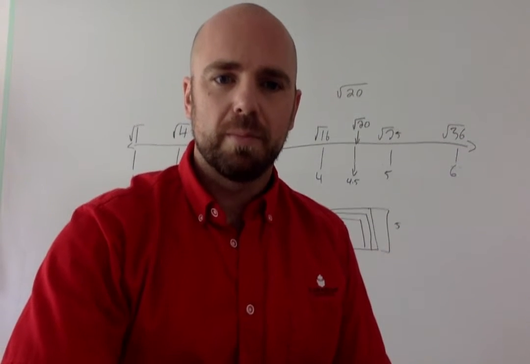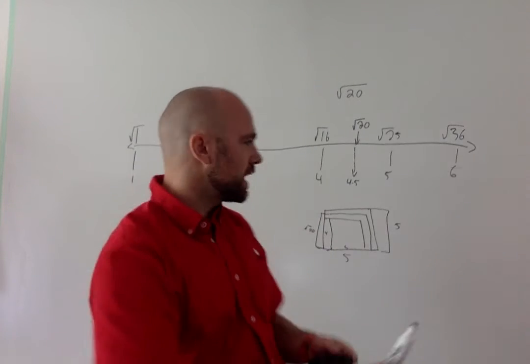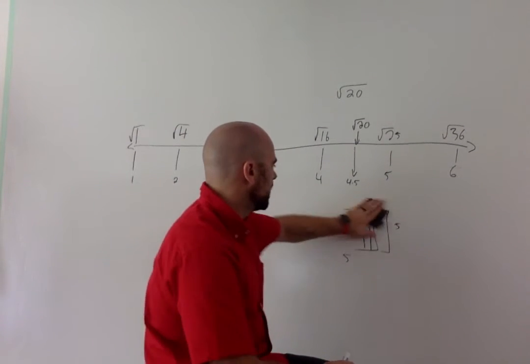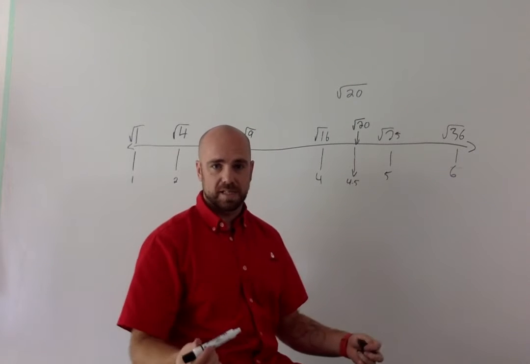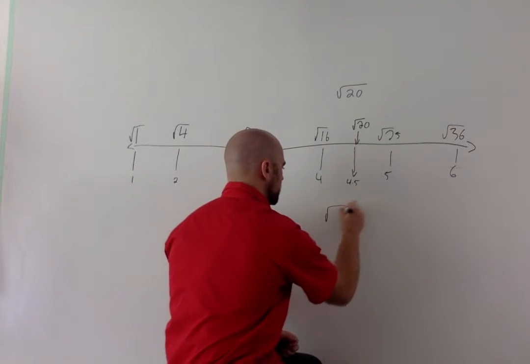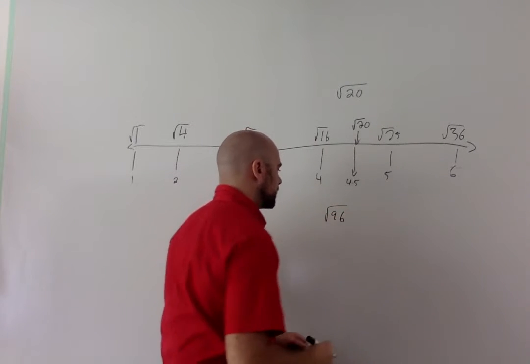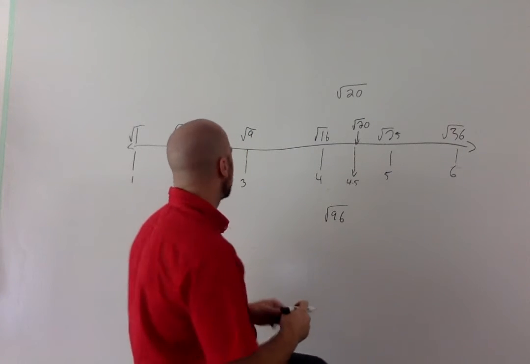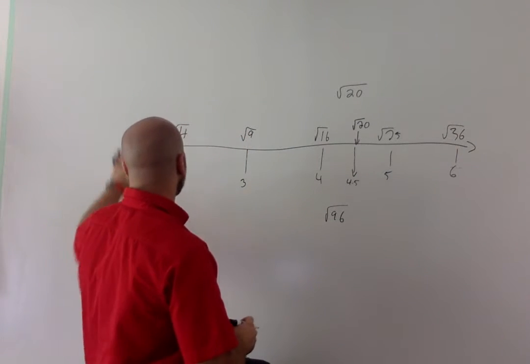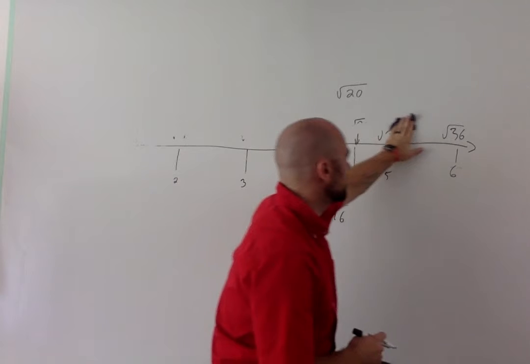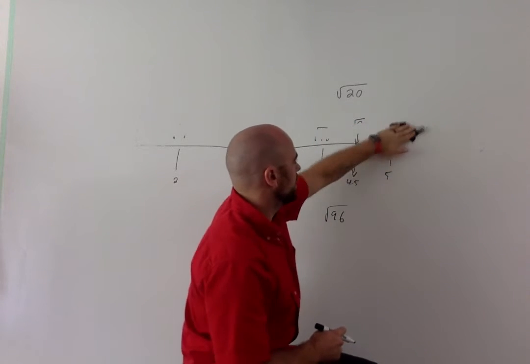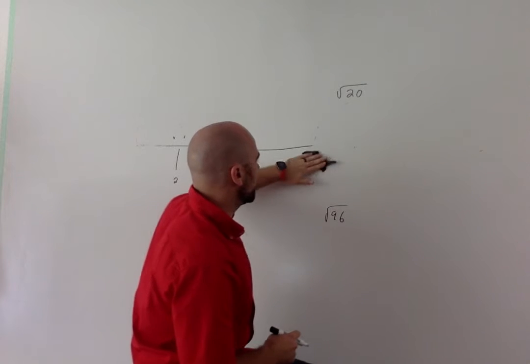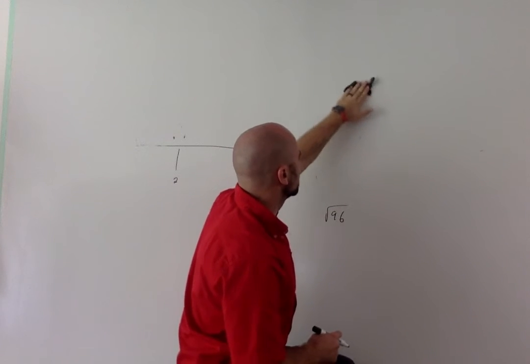For example, what if I was to guess the square root of, let's say, 96? So I need to think about what my perfect squares are. I'll erase these, and then we're just going to write out, once again, all of our perfect squares for practice.